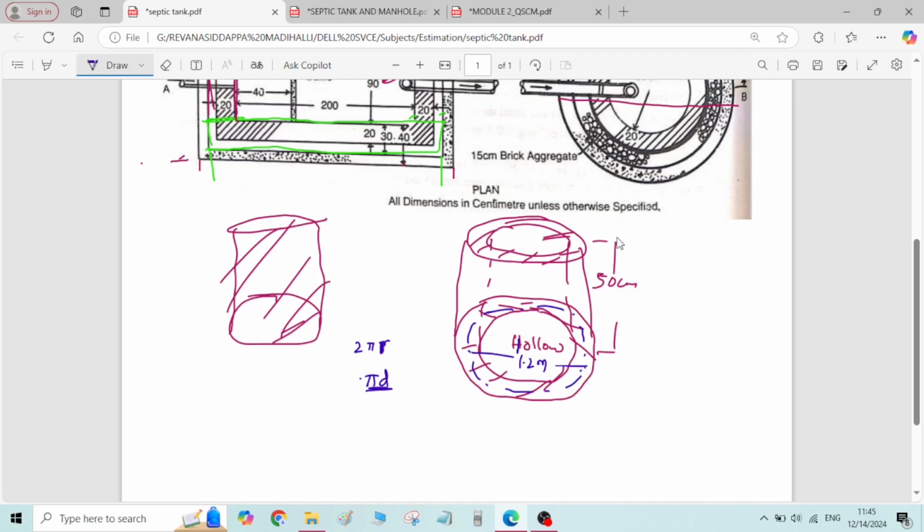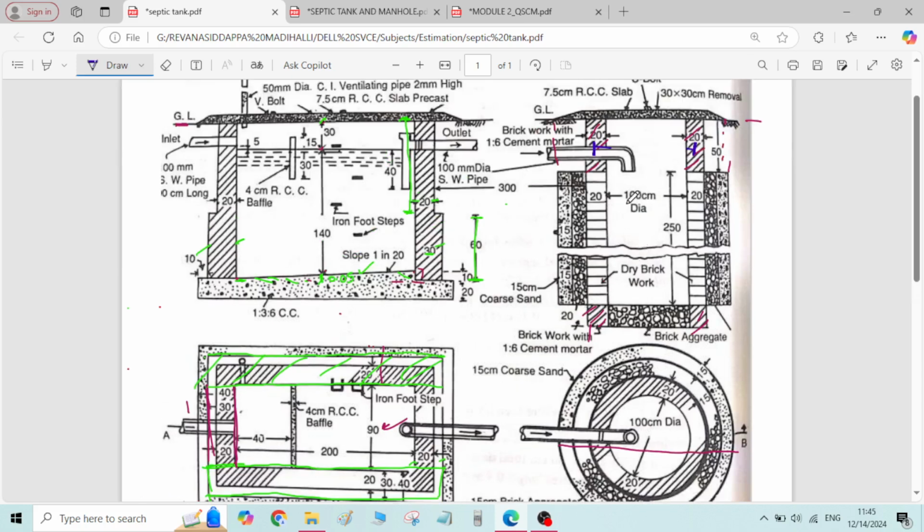Repeat once again. This has a hollow portion inside, that is why it has a different calculation. First you calculate the average diameter. Inner to inner is 100 centimeter plus 0.2 by 2 plus 0.2 by 2.